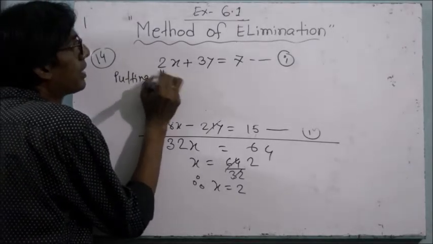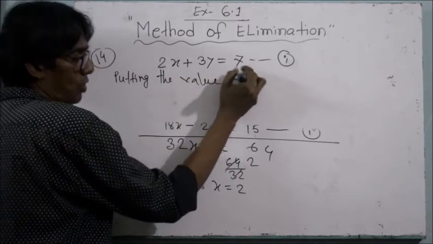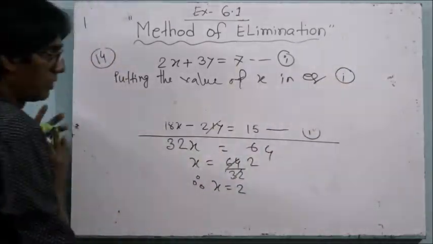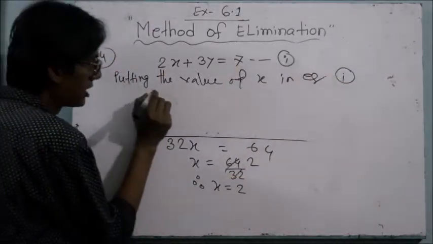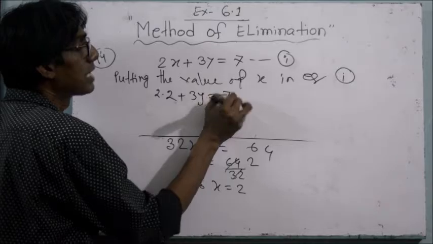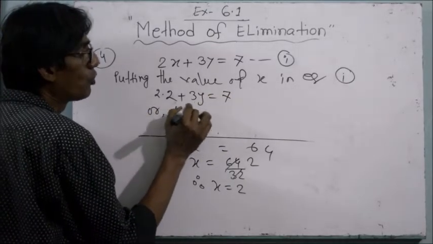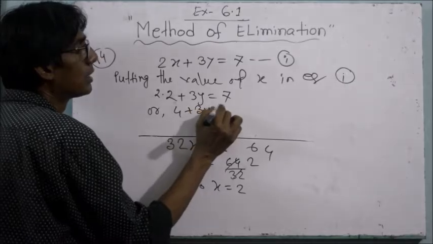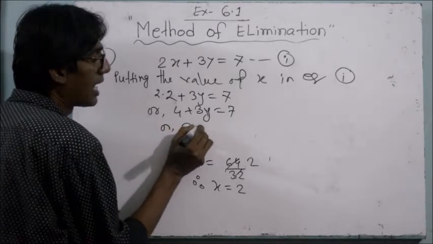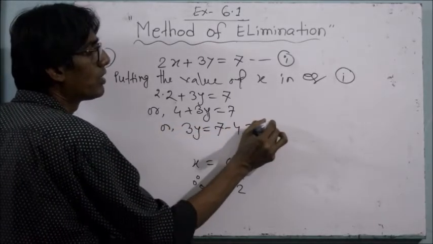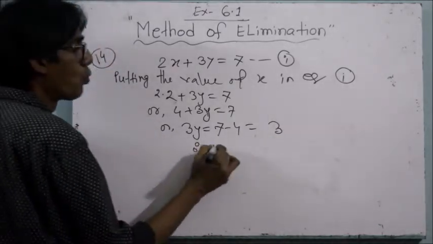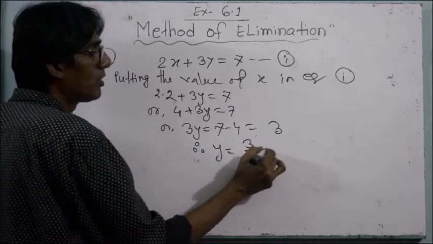Putting the value of x in equation 1: 2x, that means 2 into 2, plus 3y is equal to 7, or 2 twos are 4 plus 3y equal to 7, or 3y equal to 7 minus 4 equal to 3. Therefore the value of y equal to 3 by 3 equal to 1.